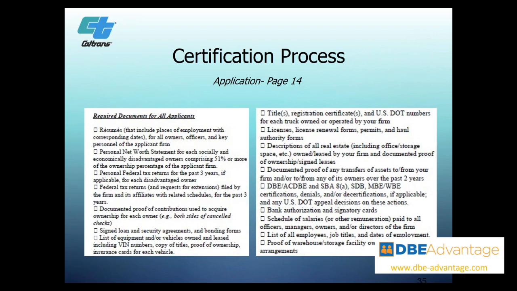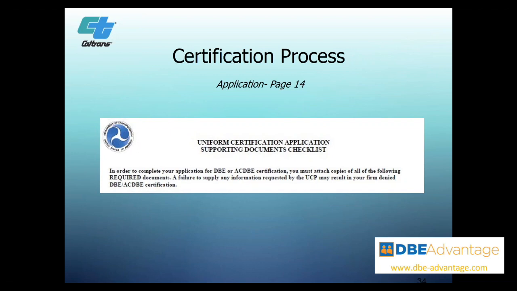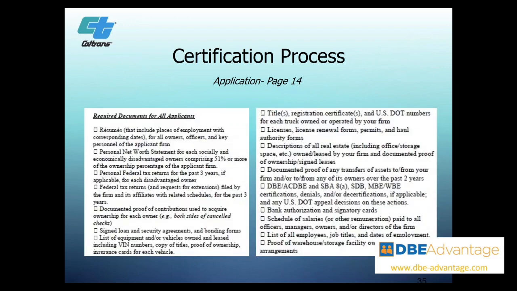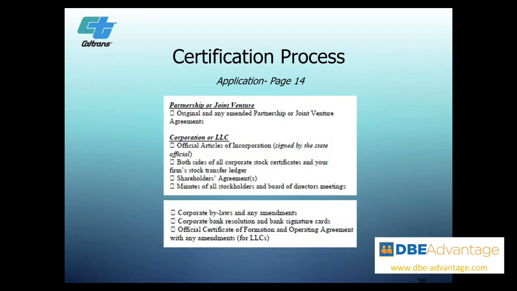So here's an example of what you're going to see: the personal net worth statement, your federal tax returns for the last 3 years, federal tax returns for your company for the last 3 years, proof of any contributions you provided, whether it's a check or a bank statement, signed loan, security statements, any equipment you own, and on and on. You can see here, everybody, regardless of the structure of your business, will need to provide this information.